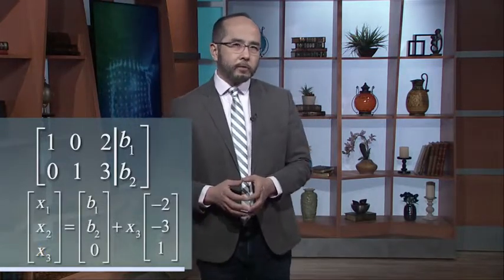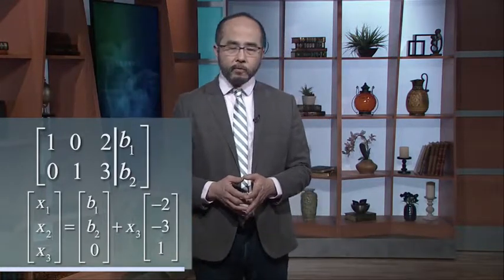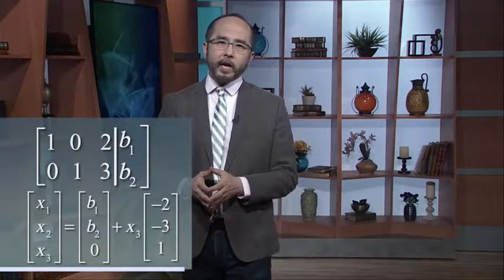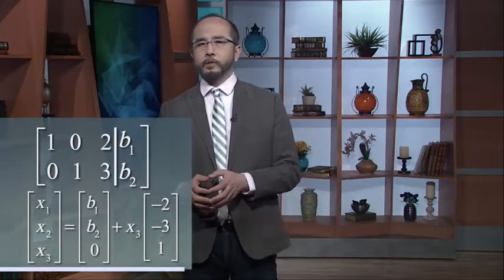So we get this vector equation: x1, x2, x3 equals b1, b2, 0 plus x3 times the vector minus 2, minus 3, 1. These are the coefficients of the combinations that will produce the vector b1, b2 from the three vectors u, v, and w.